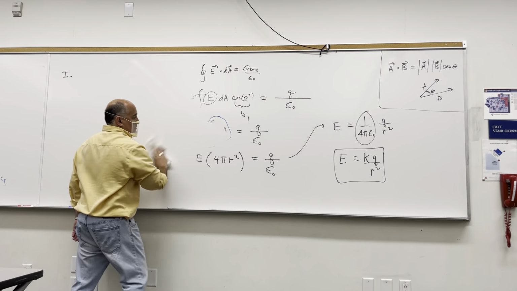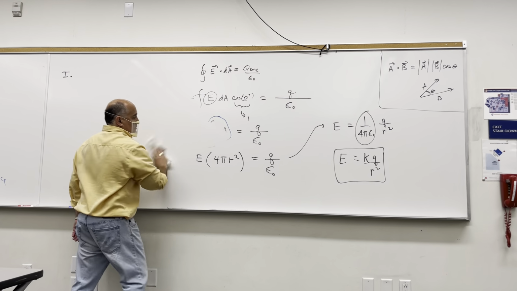Cool, isn't it? So we have this is radius A, radius B, this is the conductor, this is vacuum here, and this is vacuum.